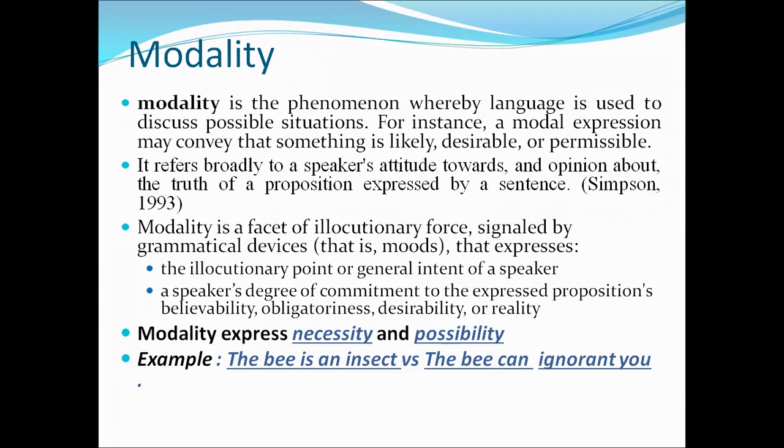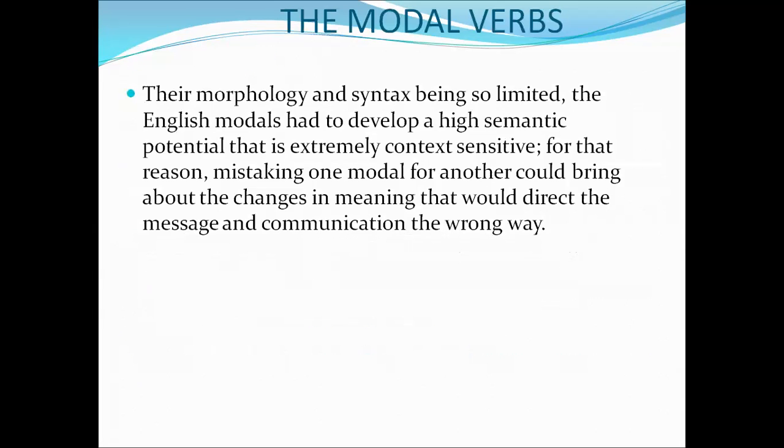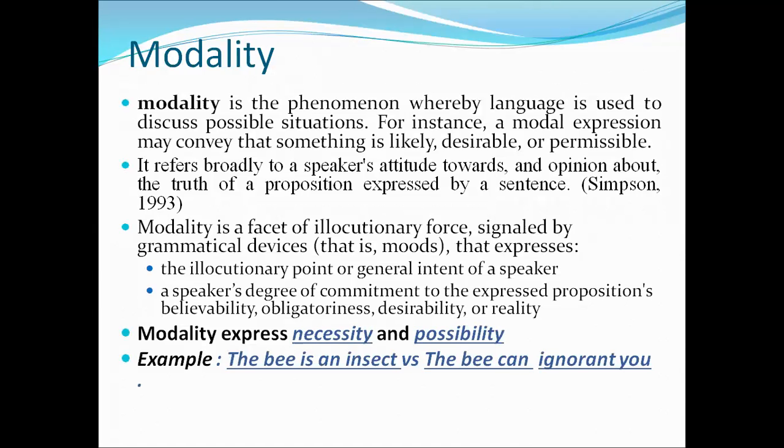For example, the bee is an insect versus the bee can... Let's see, this example is not appropriate. I will come to the point again. So two things you have to remember: necessity and possibility. And in between these two, you can say obligations also.